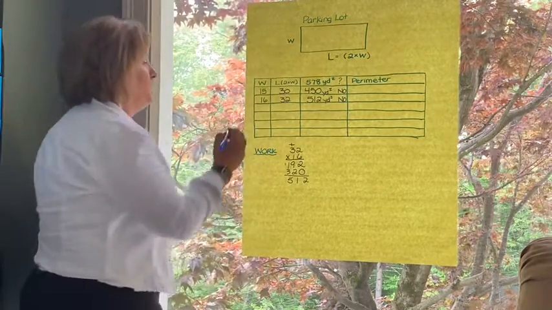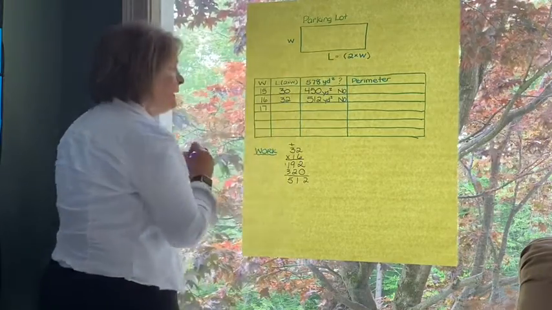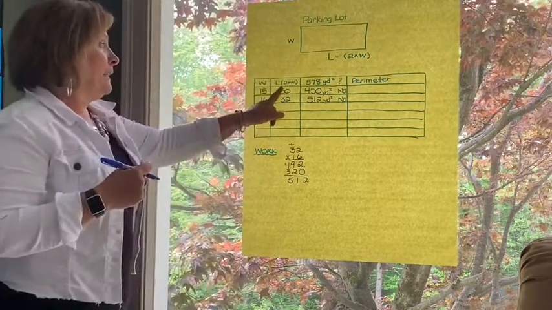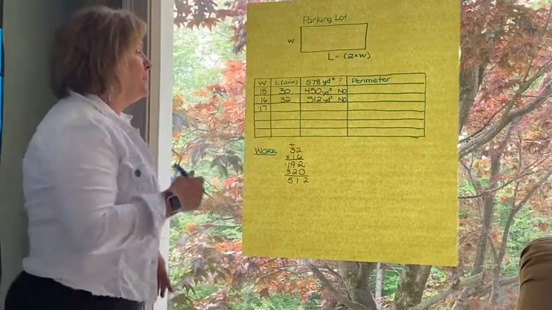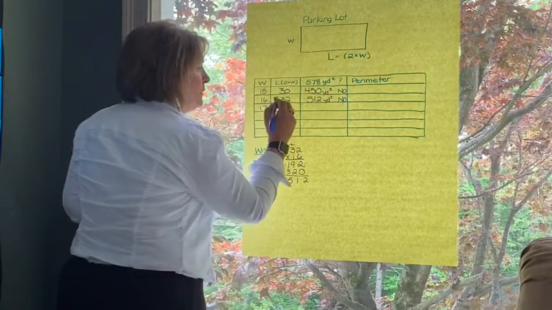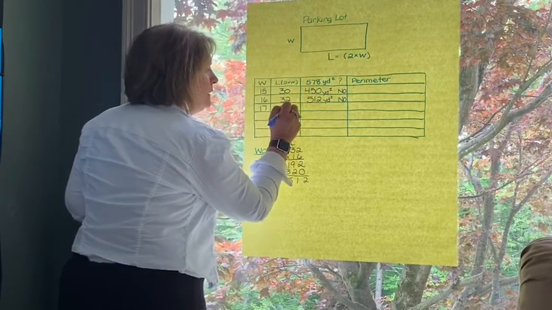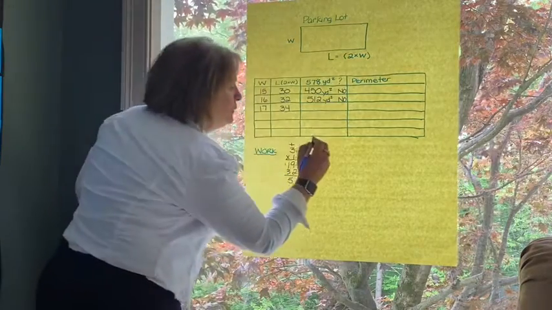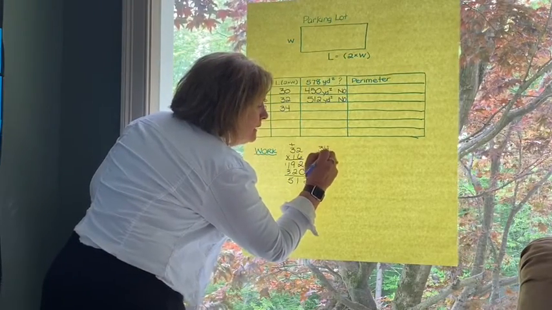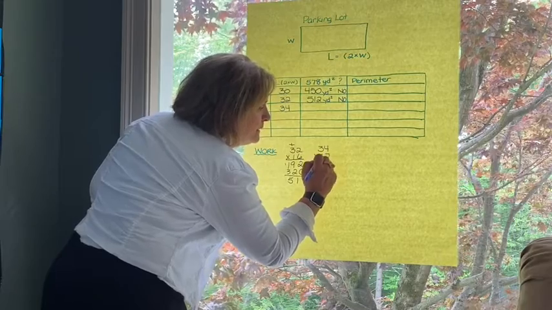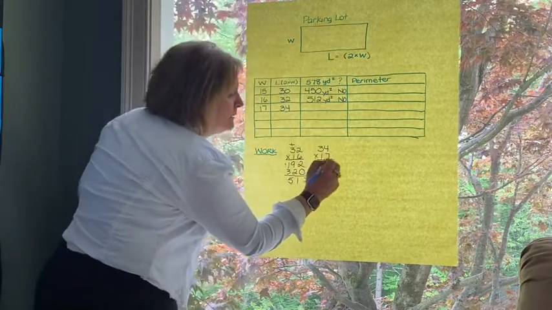So let's try 17. I know that the length is twice the width, so 17 times 2 is 34. Now again, we'll do 34 times 17 using the standard algorithm. 7 times 4 is 28.